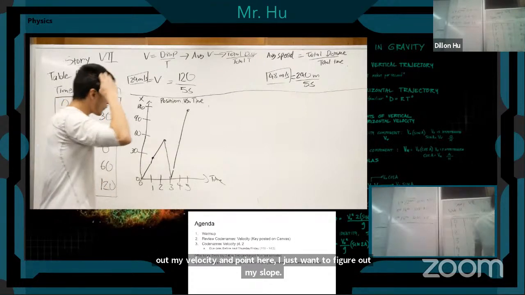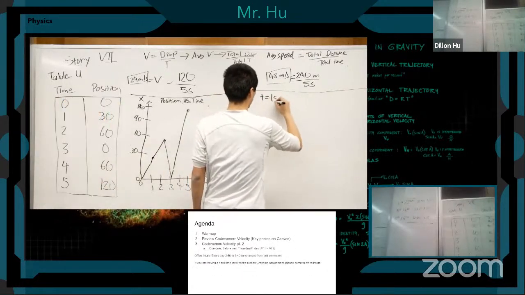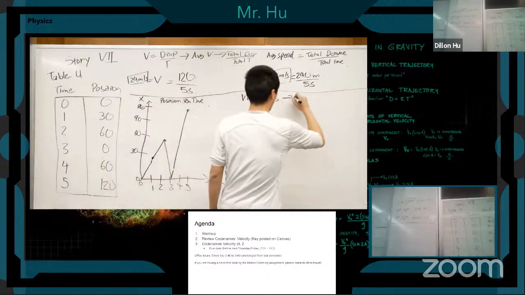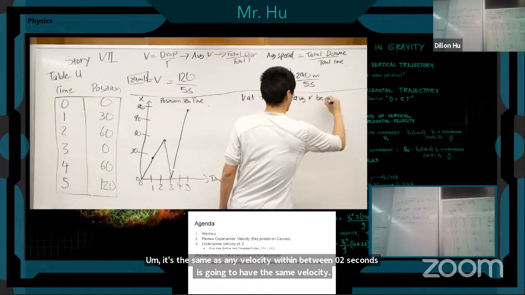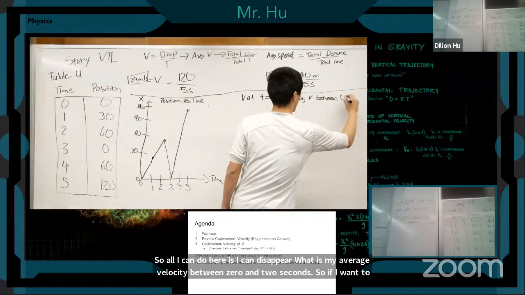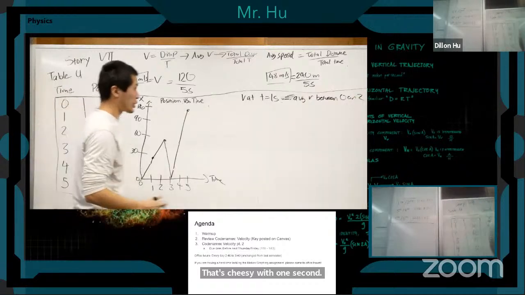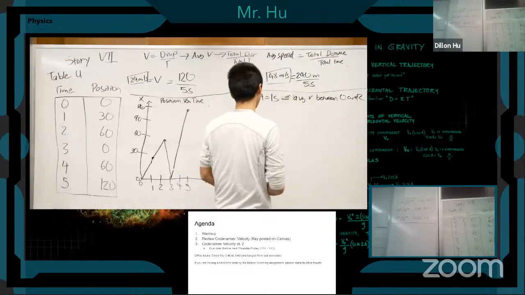So if I want to figure out my velocity at t equal to 1 second, I can figure out my average velocity over this interval, which is the same as my average velocity between 0 and 2. This is because between 0 and 2, it's one linear line with the same slope, so everything in this interval has the same velocity.